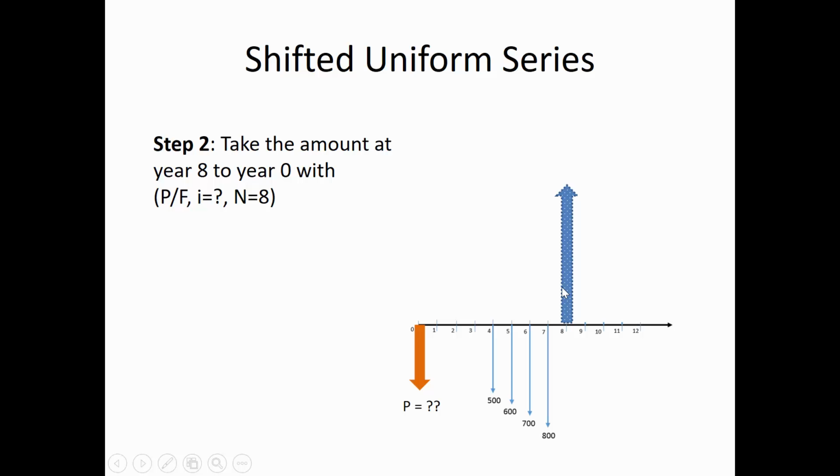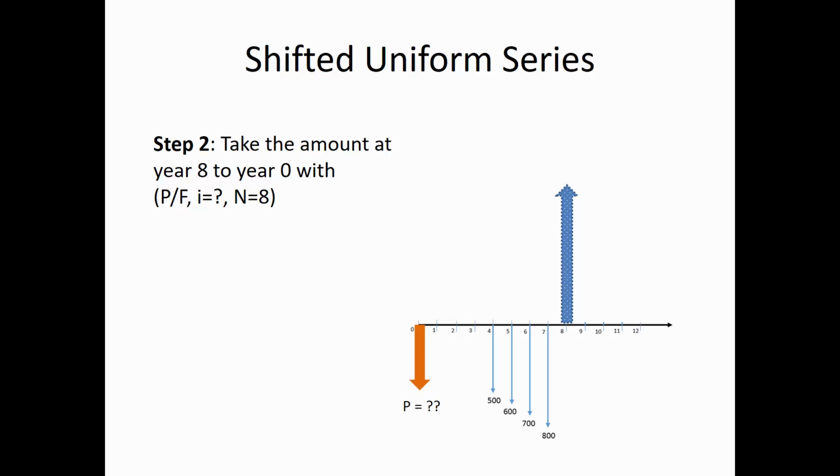So in step 2, this amount at year 8, we're no longer thinking of it as present. Now, from this point of reference, we're saying this is actually a future amount. This is where we're acknowledging the fact that it's in year 8, and that's not our true present. Our true present is 0. So now we need to move it to year 0, so we're going to do P/F, where F is however much we had found in the previous step.